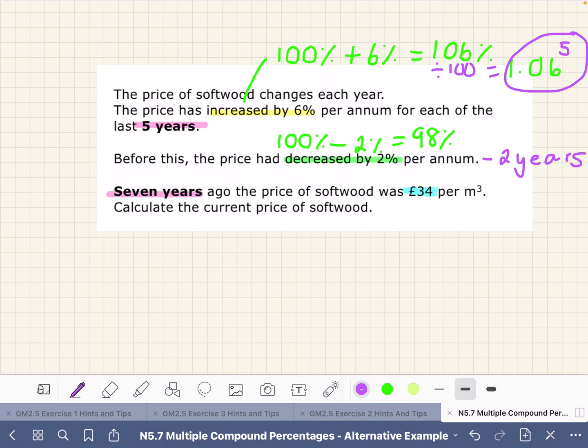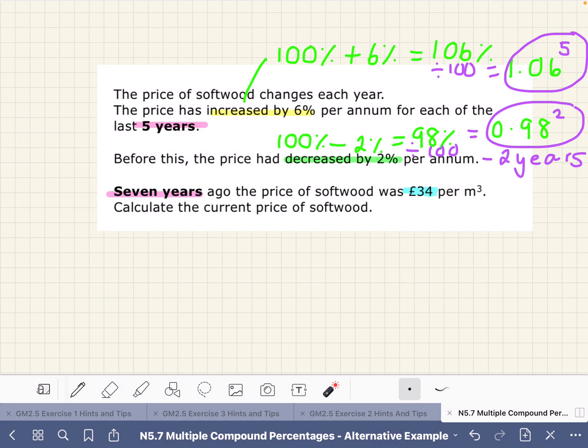Remember, we don't like a percentage, it's a decimal, so we would divide that by 100, which would give us a multiplier of 0.98. This happened over 2 years, which means we have a power of 2 that belongs to there. Double check. 5 plus 2 gives us the 7 years we had altogether.